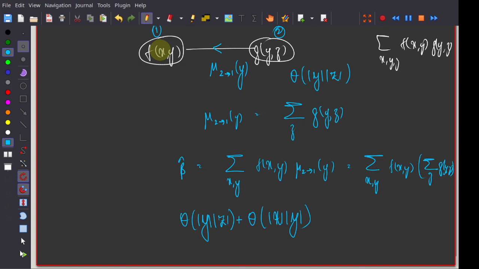If I have a larger number of local functions, each involving a very small number of variables, that's beneficial to me, because the complexities kind of add up, they don't multiply. So let's stop here.